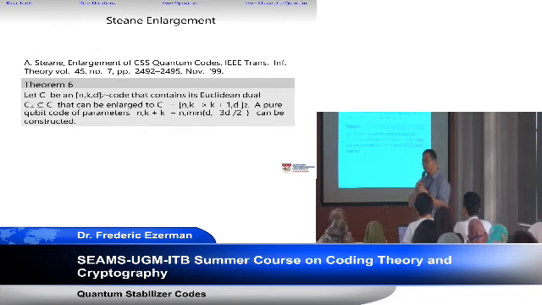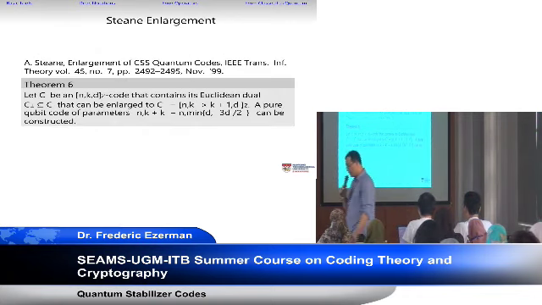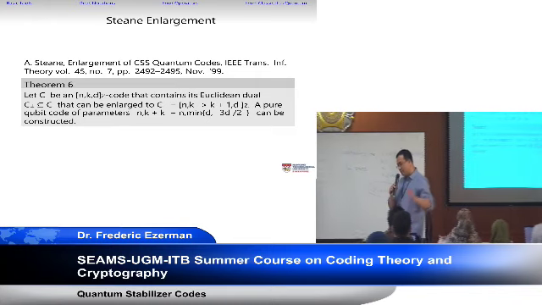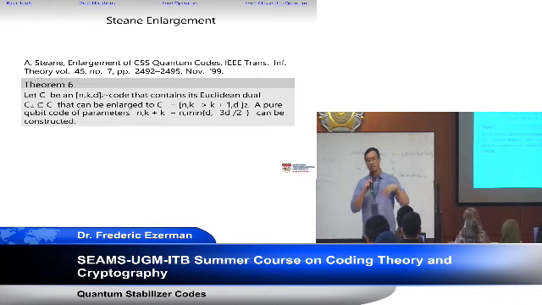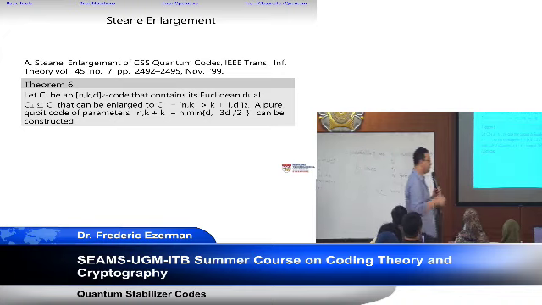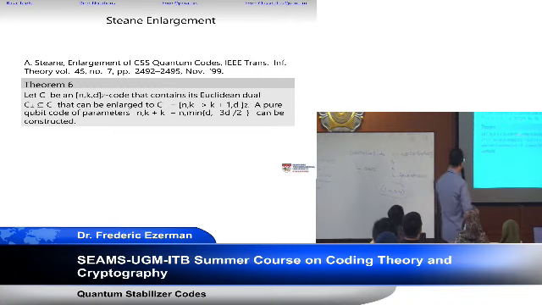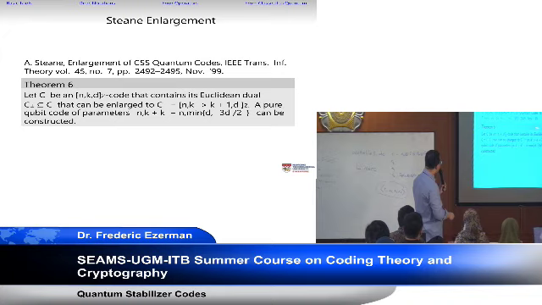And here is a Steane enlargement. Steane, as I said, was learning classical codes from scratch, so he's probably coming from the other direction from us. We start with classical codes and go into quantum. He understands the quantum setup first and then tries to pick up good classical codes. And he says, maybe we can enlarge a little bit, make the rate better. What is the price to pay?